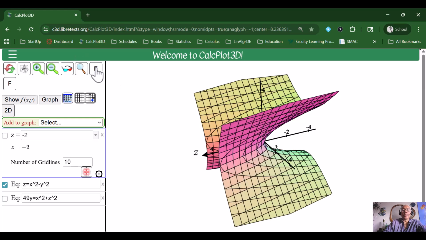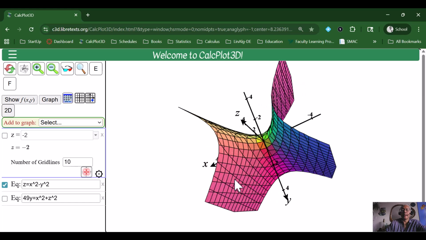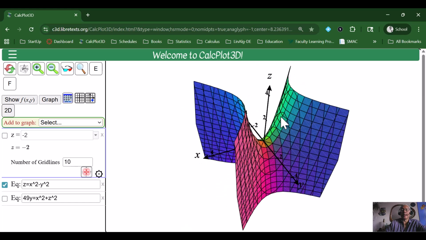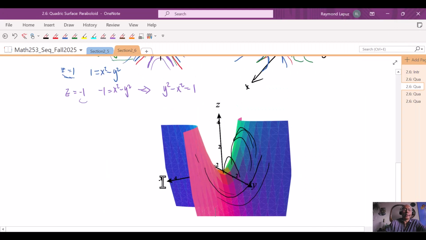Let's put the edges, the wires back on. You can see these parabolas that are opening up and down once I get it to the right orientation. You can see the parabolas opening upward, and parabolas opening downward in different points of views. And you can see that by doing some more traces.